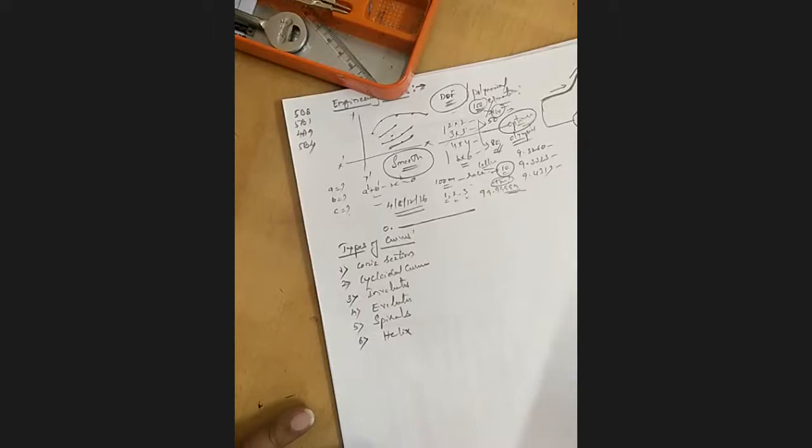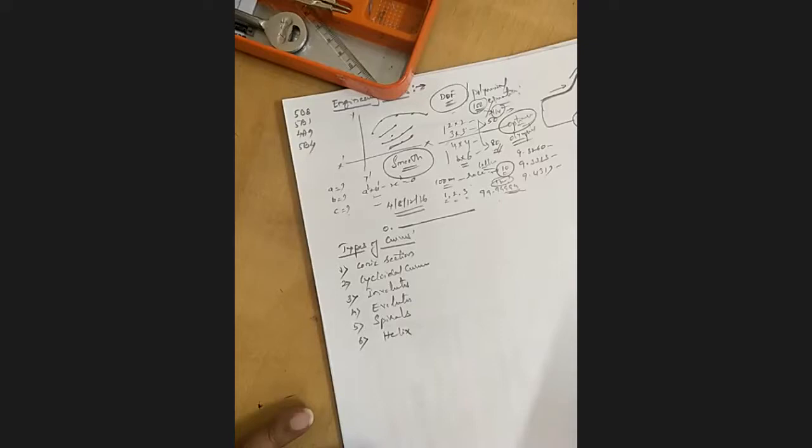Conic section. If you don't know the spelling, I will tell. Conic, C-O-N-I-C. You want the section spelling? Shall I tell the section spelling or no need? No need, sir. Okay. Cycloidal curve, C-Y-C-L-O-I-D-A-L.